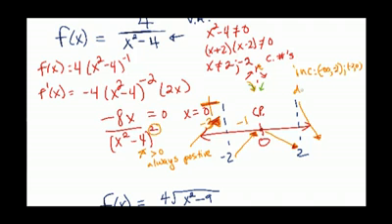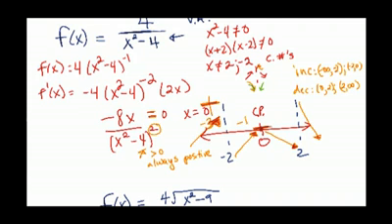And then decreasing would be from 0 to 2 and 2 to infinity. You might ask, why does 0 not get a bracket? Well, 0 is a critical point. We set the derivative equal to 0. The derivative is the slope of the tangent line, and a 0 slope is a flat line. It's not increasing or decreasing.